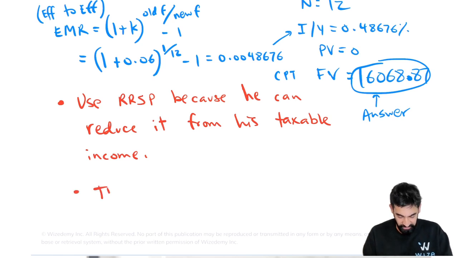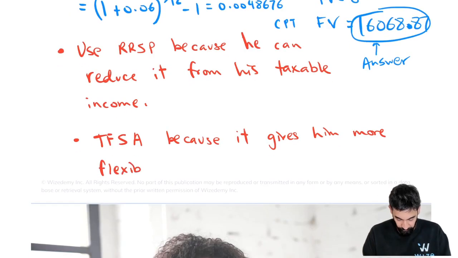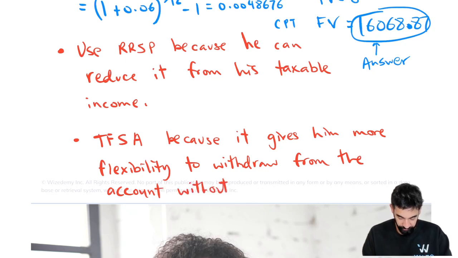They accept that too. If you said like TFSA because it gives him more flexibility. Don't put both of these answers. I'm just giving you the two options. You could also say because it gives him more flexibility to withdraw from the account without any tax considerations.